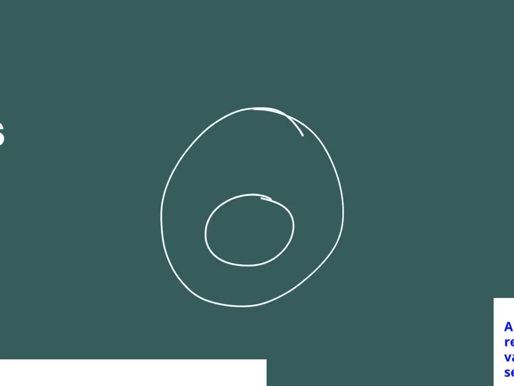Now, lastly, to emphasize that relationship, a function is just an example of a relation, meaning to say that all functions are relations.